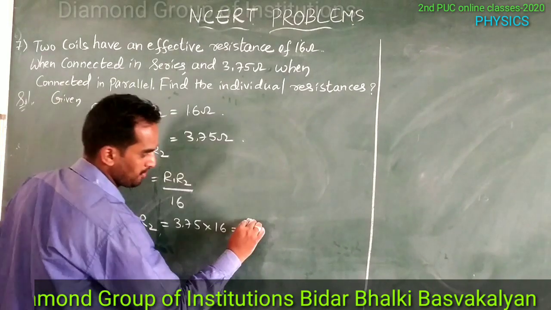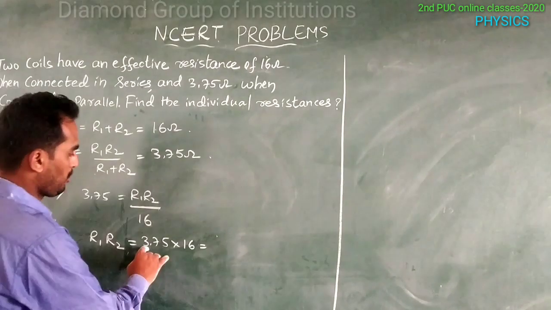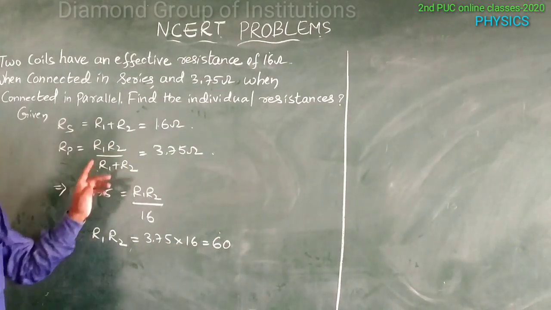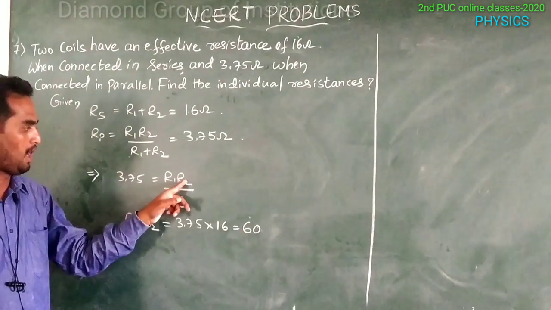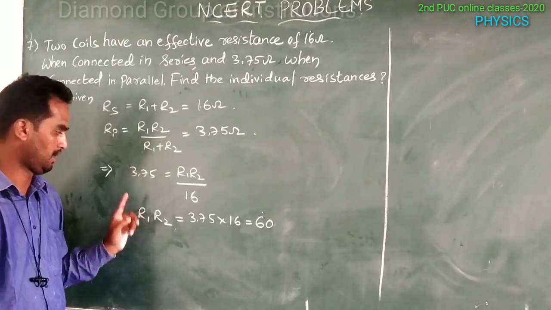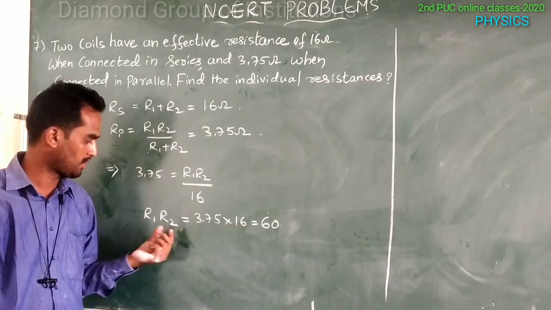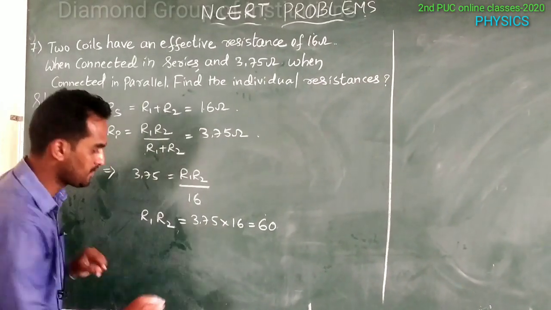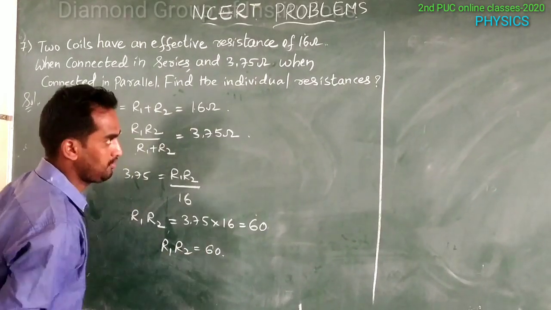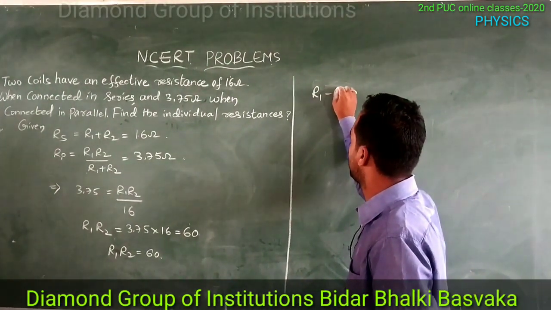It becomes 60 ohm. See here, R1 into R2 by 16 is equal to 3.75. So R1 into R2 becomes 3.75 into 16. So what is the value we got? R1 into R2 as 60. Now apply the formula for R1 minus R2.